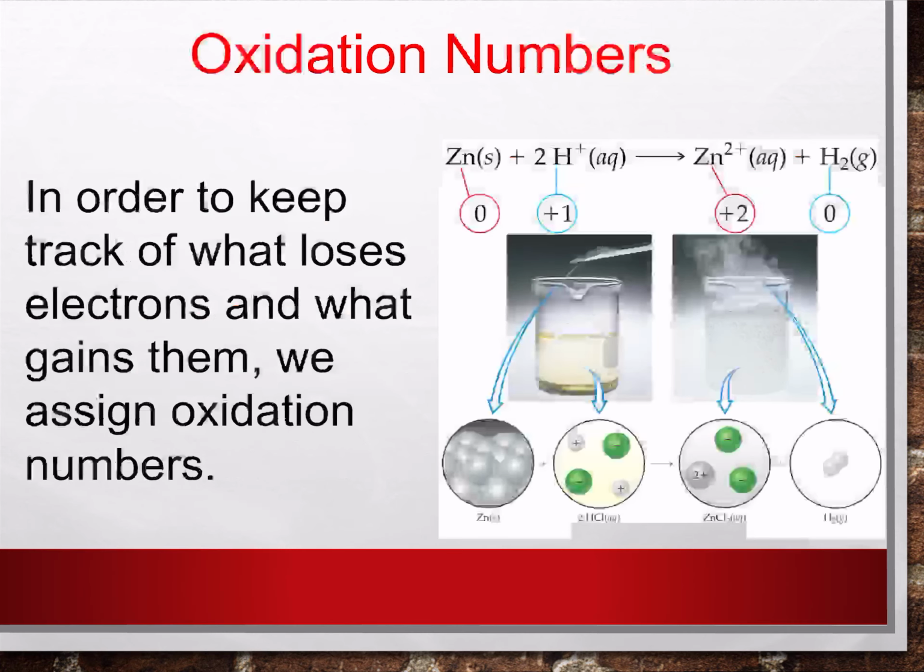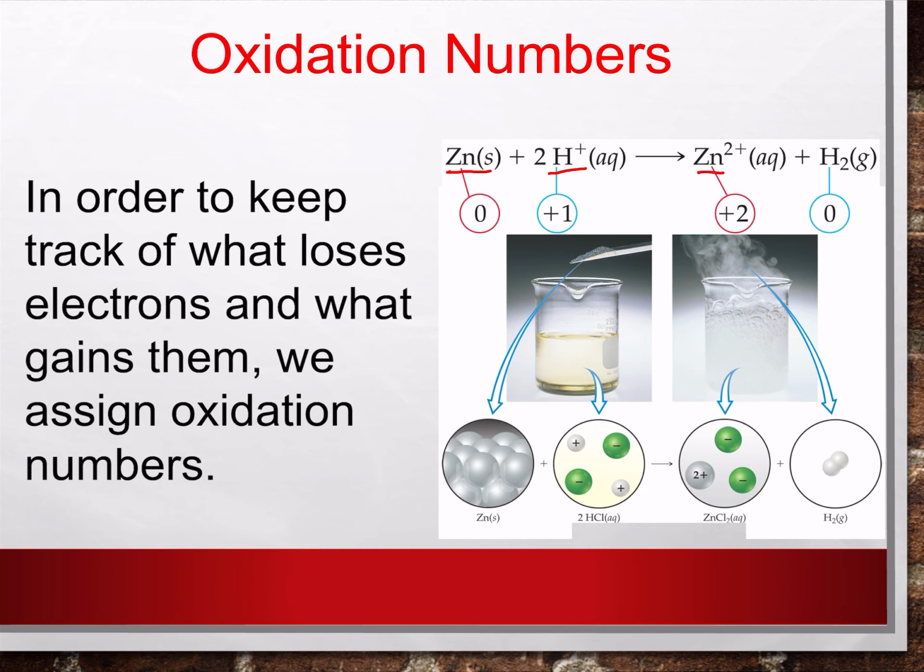In order to figure out what's being oxidized and what's being reduced, we have these oxidation numbers. And again, we've talked about these before. So any singular element like zinc here, zinc is sitting by itself and it doesn't have a charge. So that means zinc has an oxidation number of 0. Hydrogen is sitting by itself, but it has a positive charge, so it is a +1. Zinc over here is sitting by itself.